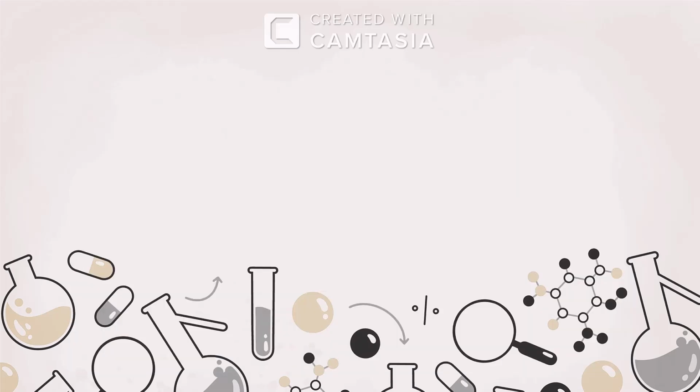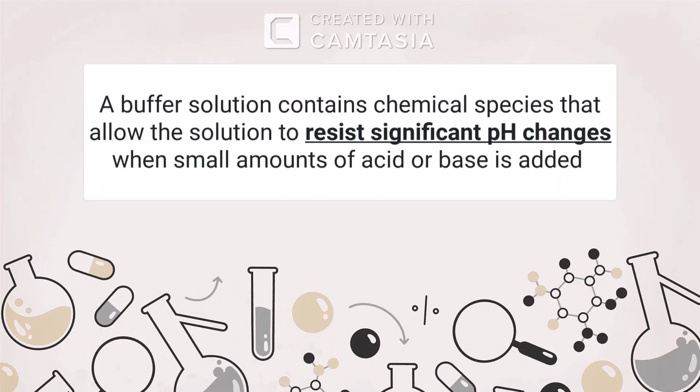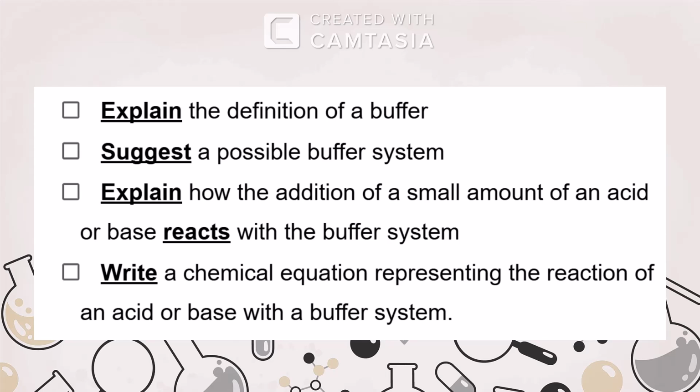Hopefully, now you're feeling more confident about the concept of buffers. As a refresher, the definition of a buffer system is one where there exists chemical species that allow the solution to resist significant pH changes. Check out the other videos about buffers to understand how to make a buffer and the concept of buffer capacity.